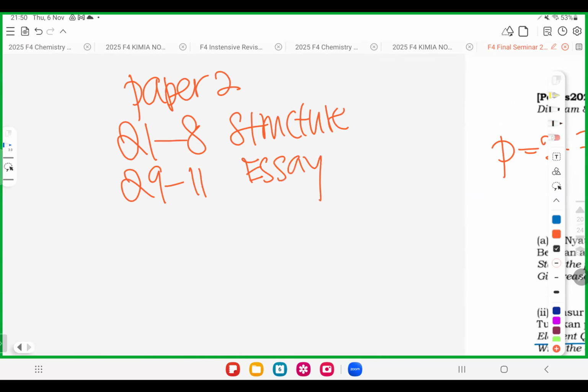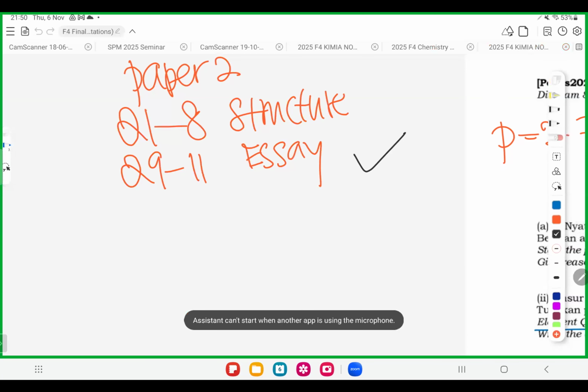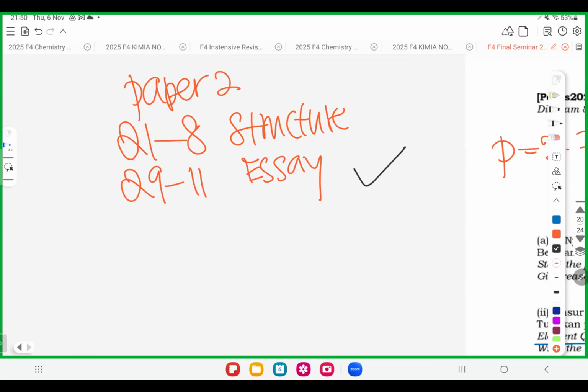Essay can use point form. But many schools demonize that. Many schools say cannot use point form at all. No. In reality, in the real examination, examiners actually love you to use point form for essay.